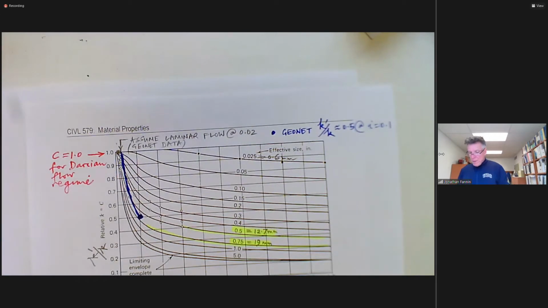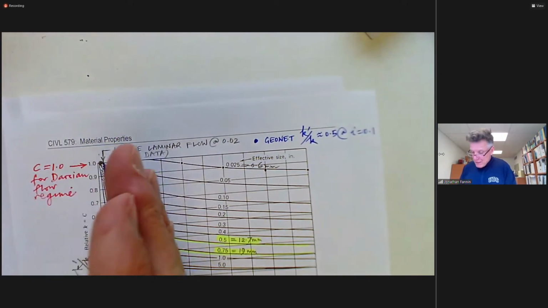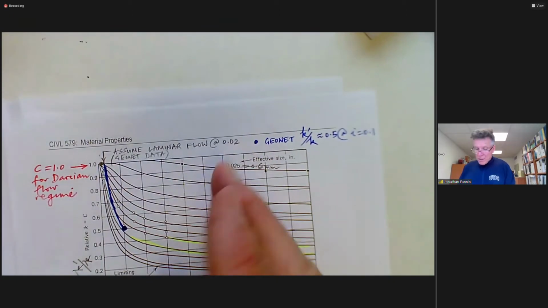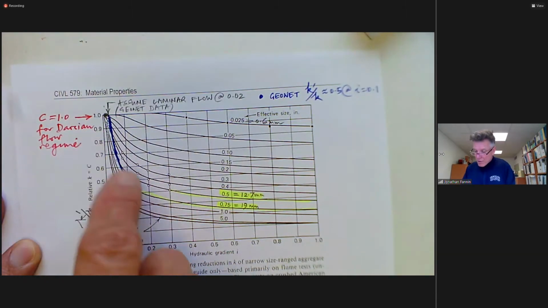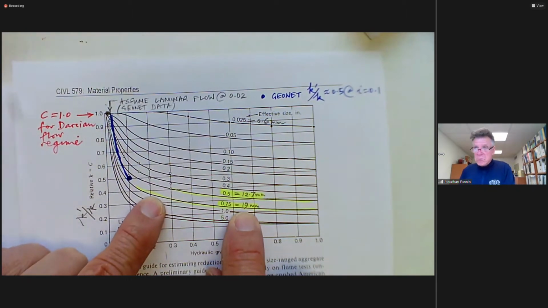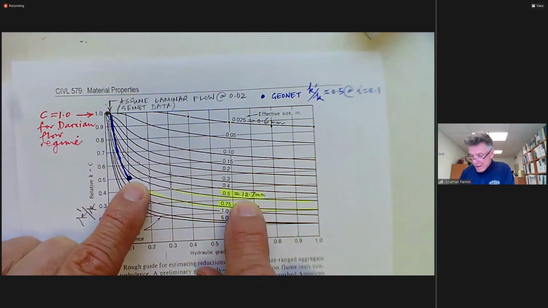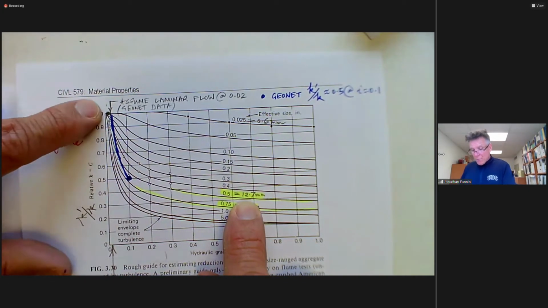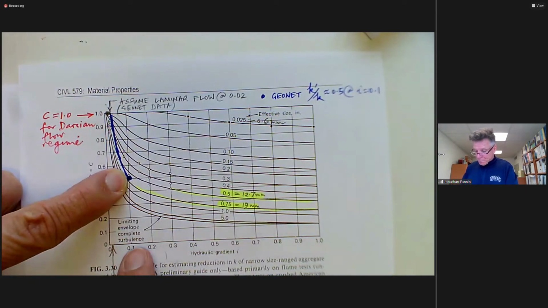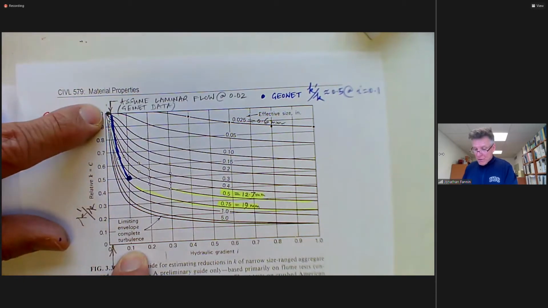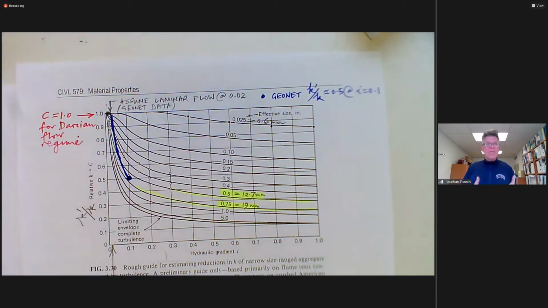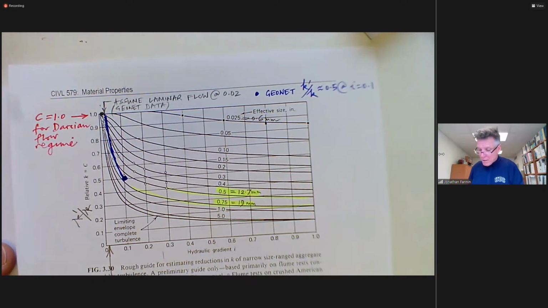As the hydraulic gradient is increased, the hydraulic conductivity wouldn't change as a consequence of the hydraulic gradient. So the fact that everything is dropping off here, so for 3/4 inch gravels, there's non-Darcian flow. For 1/2 inch gravels, there's non-Darcian flow. The relative hydraulic conductivity at a gradient of 0.1 is about half of that at a gradient of 0.01. And that reduction is because of energy losses in the semi-turbulent flow and the streamlines no longer being parallel.